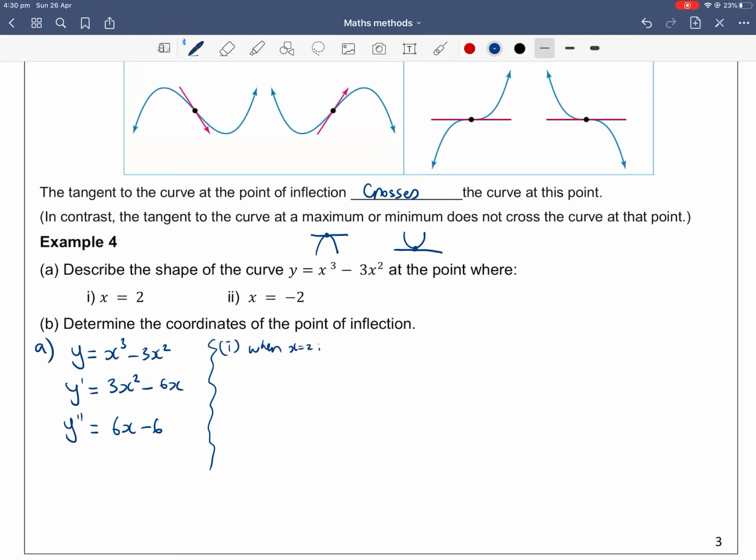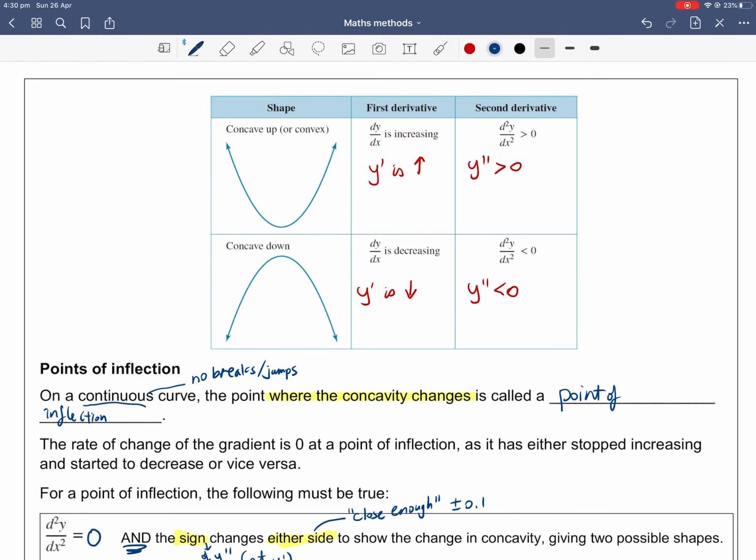So part 1 says when x is equal to 2. Well, what's the y dash dash, the second derivative value at x equals 2? So wherever x occurs, you put in the number 2. So that's 12 minus 6, which is 6. 6 is positive.